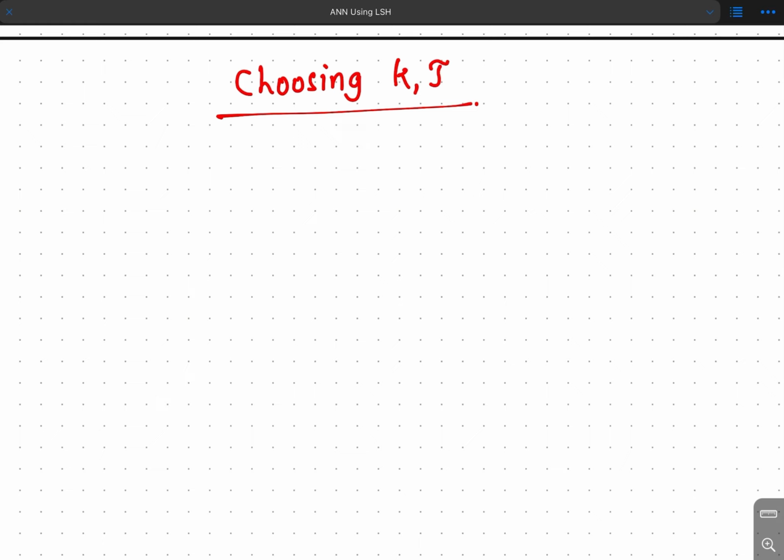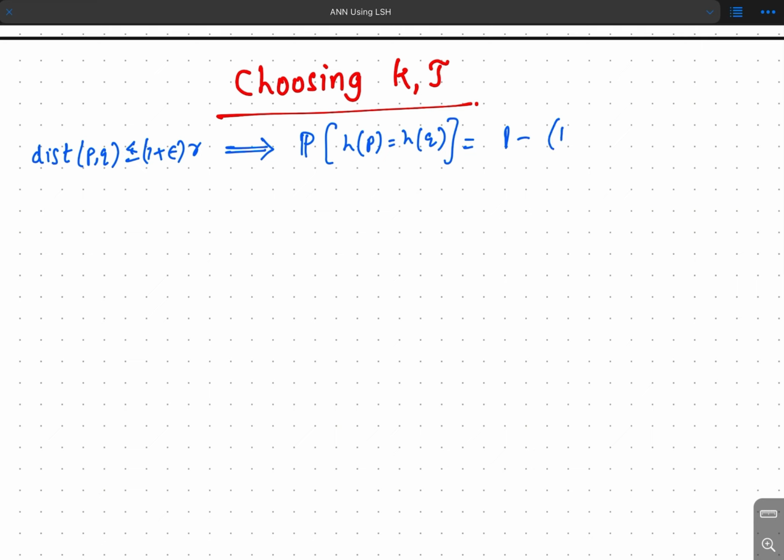Okay, so now we would like to choose k, tau appropriately. So remember, we had two goals. The first goal was to boost the probability of a good collision. By that I mean that if the distance of P, Q is less than or equal to R, the probability that we computed to be 1 minus (1 minus alpha^k)^tau is the expression.